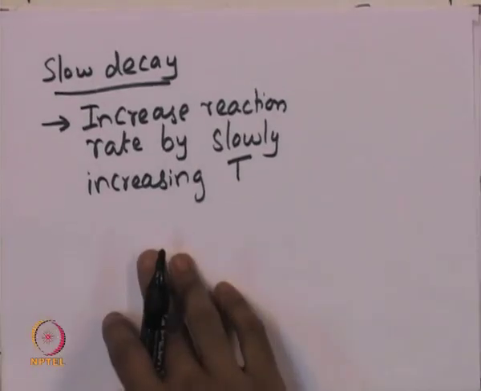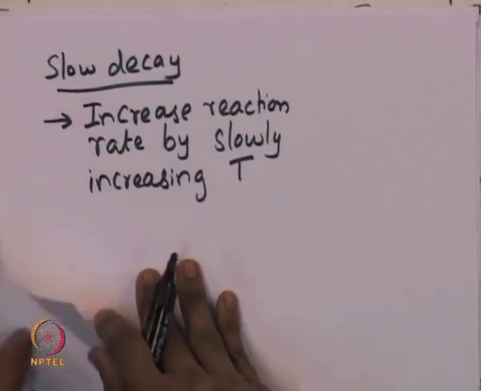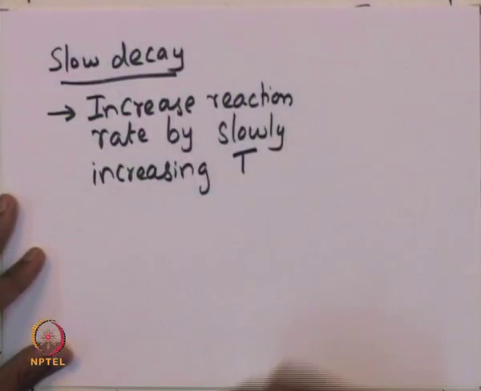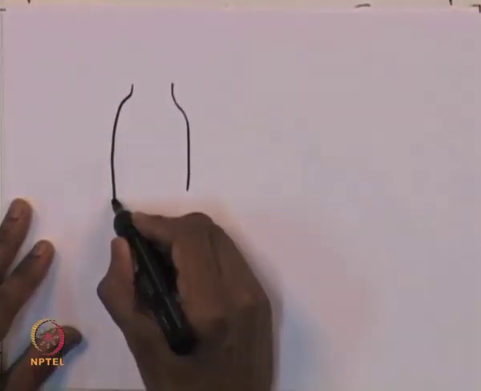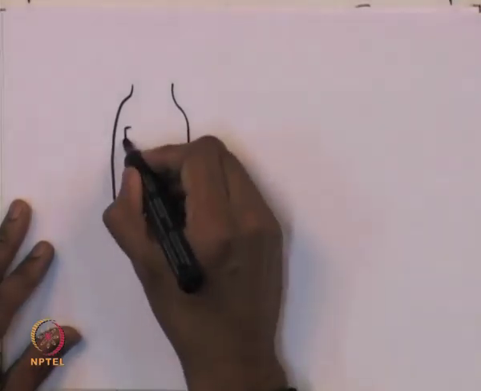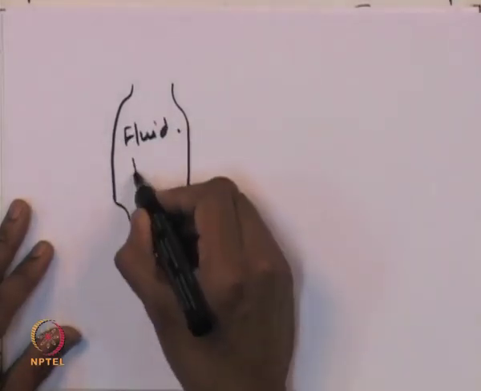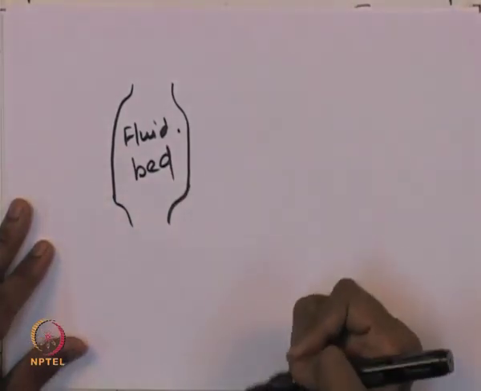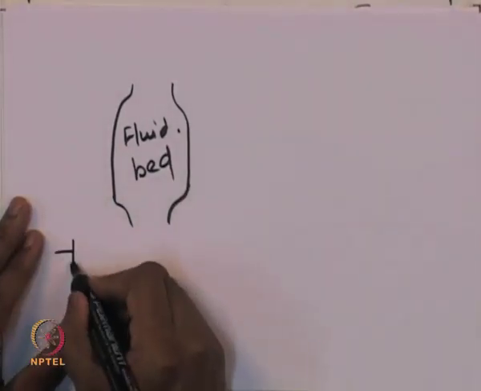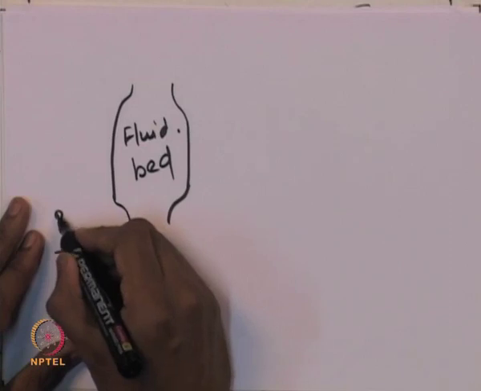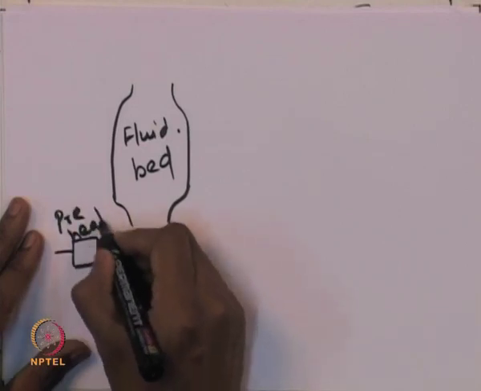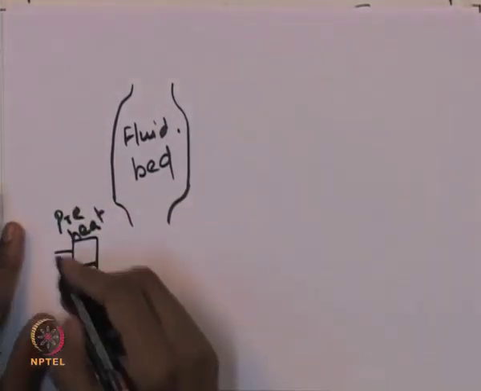the required conversion. The classical setup which helps in such a design is basically a fluidized bed. In fact, in many fixed bed reactors as well, such a strategy is employed. Suppose this is a fluidized bed reactor, and a preheater is added to the inlet stream.